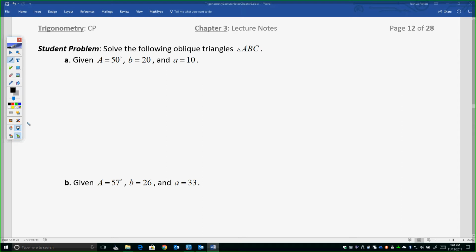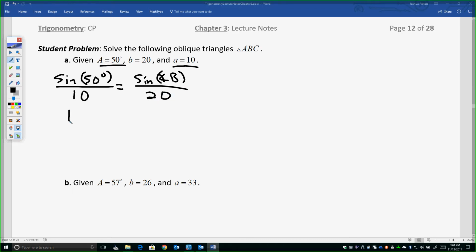Okay, student problem, same thing. You should get either no triangle, one triangle, or two triangles. All right, so the first one, the only ratio we know is A. So the sine of 50 degrees over 10 equals the sine of angle B over 20.